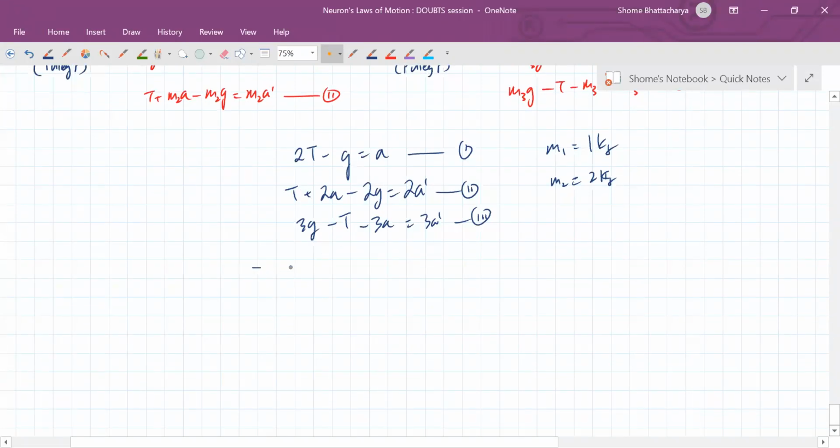So one thing we can do is we can just add all of them. So that will get rid of tension, because we have 2T, T and T. So we will get, okay, so we add the equations, we will get 3g minus 3a, then plus 2a minus 2g minus g is equal to a plus 5a prime.